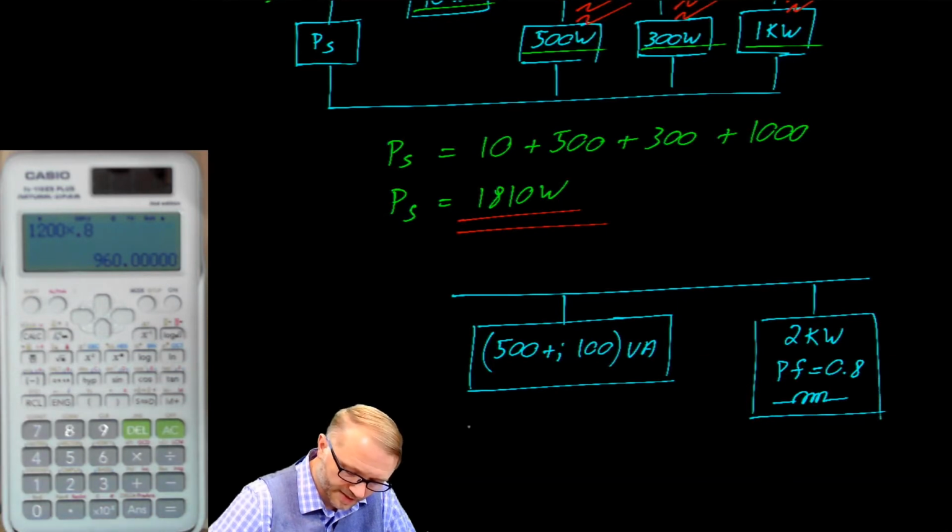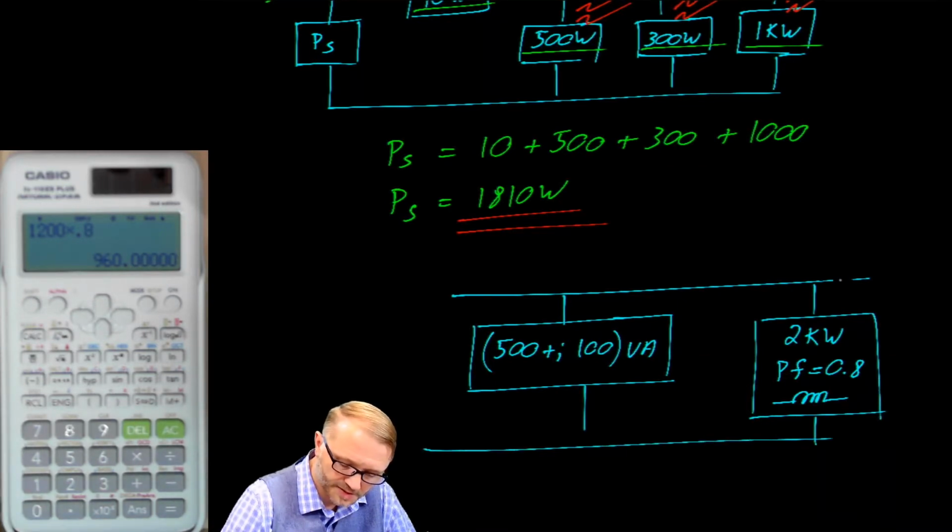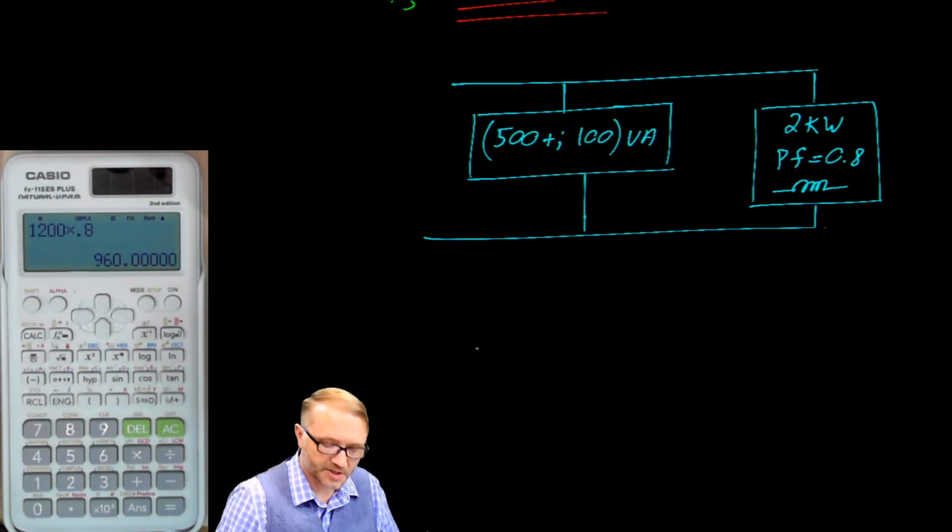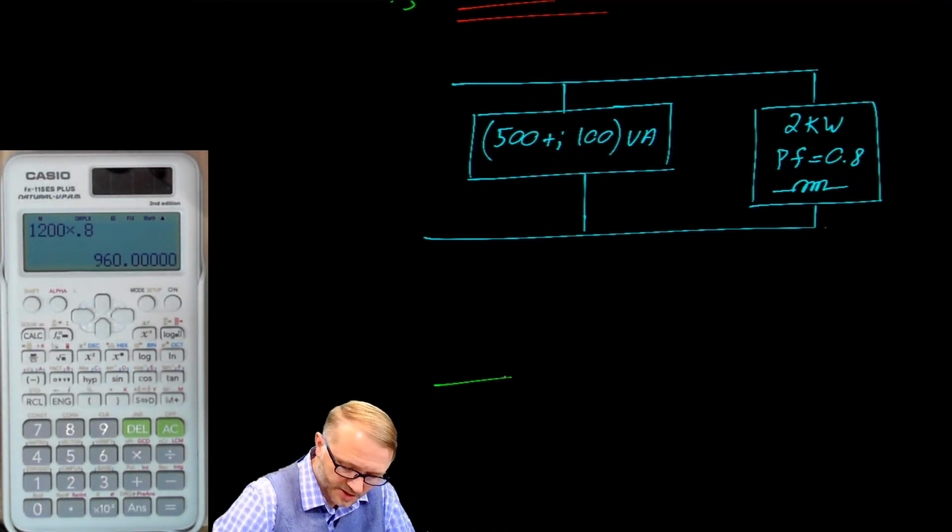So now we have a system with 2 complex loads. To get us started, we should draw the power triangle for each load. So for the first one, we have 500 real and j100 reactive.